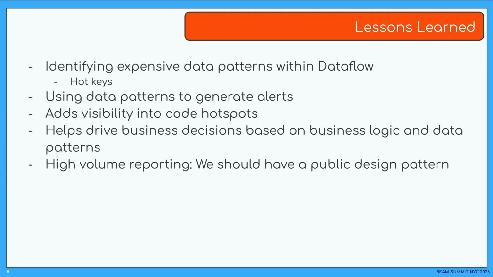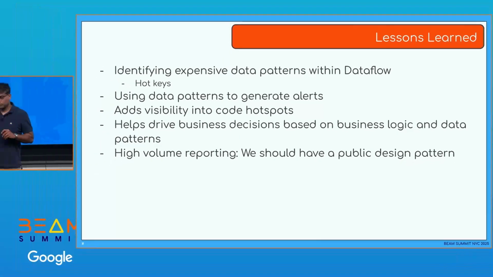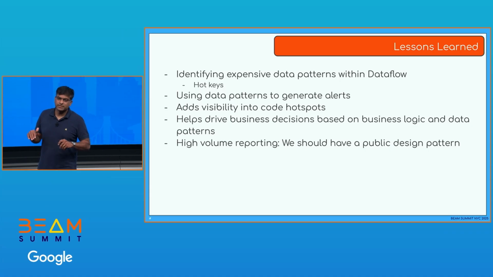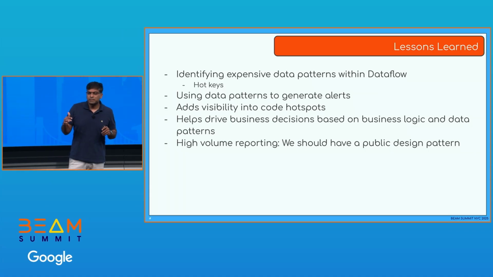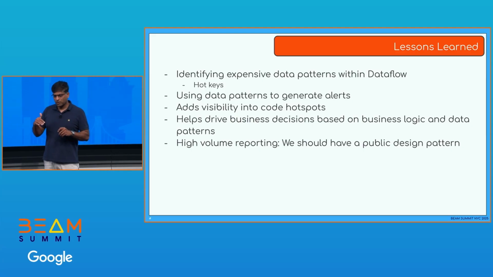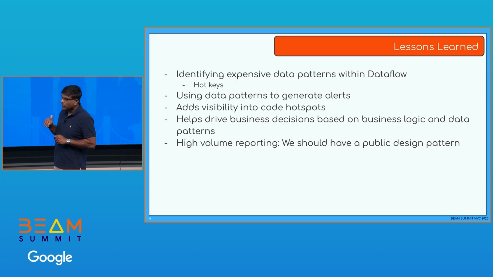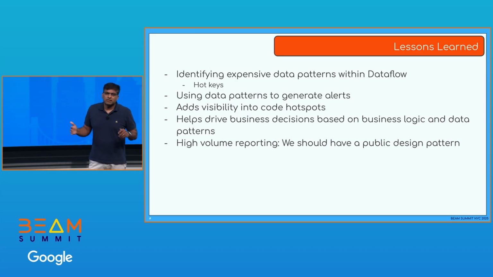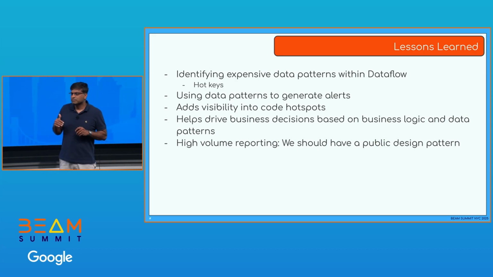So, a couple of lessons that we learned as part of this project. The first was identifying the expensive rules, which was the hotkeys. A hotkey can be a key coming in, the same key across events, in large numbers. So we have this hotkey problem that we incurred most of the time. There are configurations and parameters that we can set to see the hotkeys in the Dataflow and also list the hotkeys.